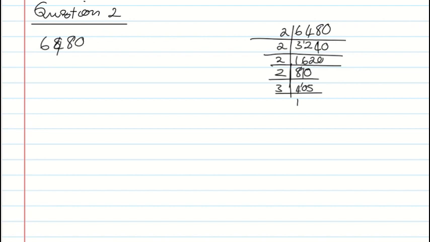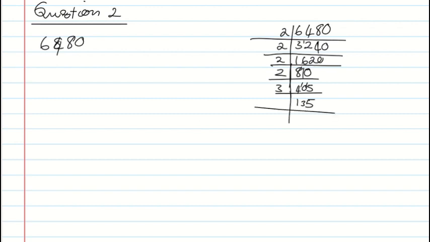I take that 1 over. So 3 goes into 10 how many times? 3 times. So we write down the 3, and then there's going to be another remainder. 3 times 3 is 9, minus the 10, so I have a 1 remaining there. All right, so 3 goes into 15. How many times? 5 times.